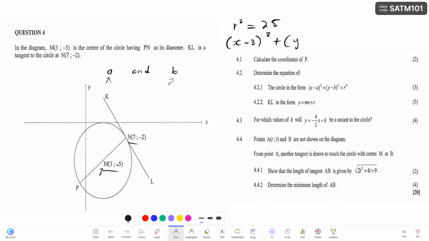And then since here is negative, here is going to be positive 5, y squared is equal to 25. So this is the equation of a circle. They wanted the equation of a circle in this form. So we're done with that one.